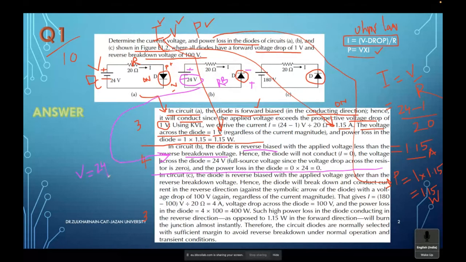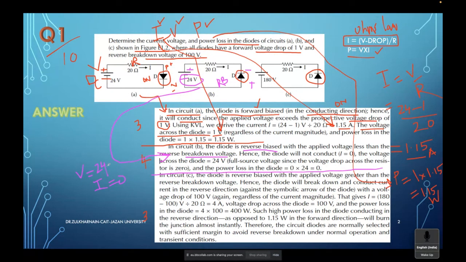Then come to the current. Whenever in reverse bias, current will always be zero. Current becomes zero when the diode is reverse biased. So whatever voltage is applied to the diode will become the diode voltage.